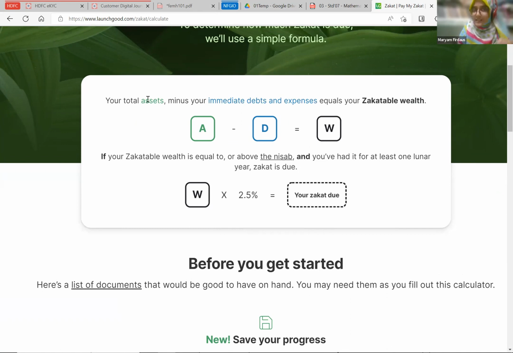Your total assets, which is A, minus your immediate debt, so that is minus D, is equal to your zakatable wealth, that is W. Now if you want to calculate how much it is, you take 2.5% of your zakatable wealth, denoted by W. I'm just showing you how we write real life situations in mathematical language, and how variables and constants and multiplication and division actually help us.